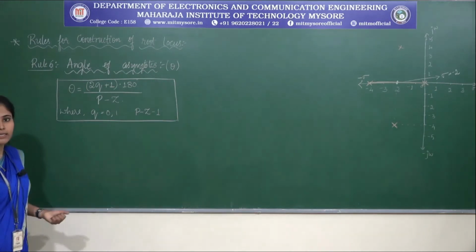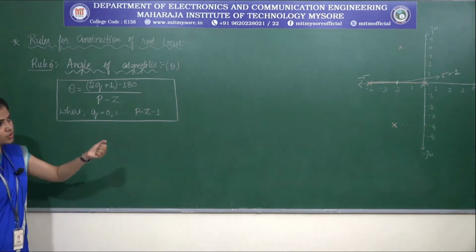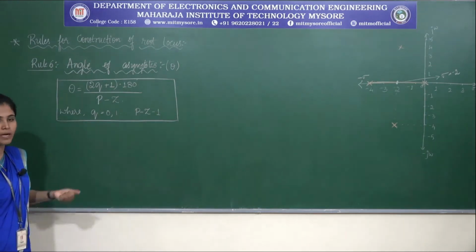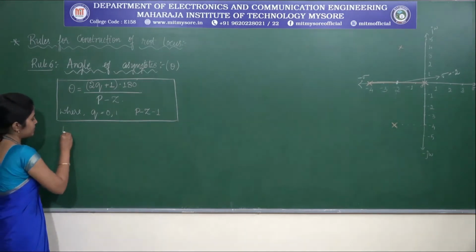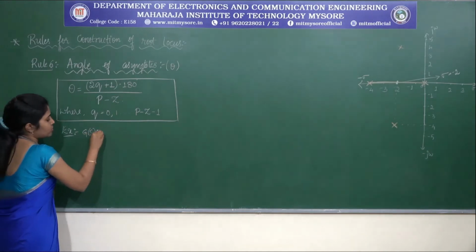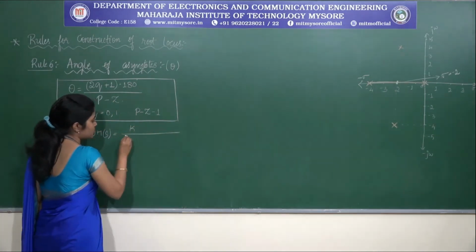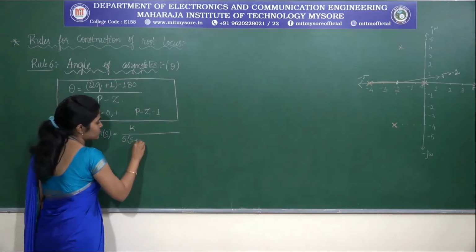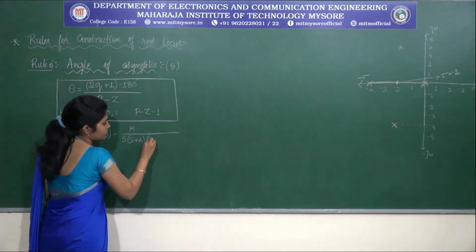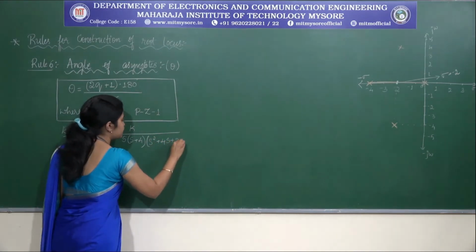This is the formula which you should remember in order to find out the angle of asymptotes. Now, taking the example which we took and for which we have constructed the root locus until the centroid part, we will continue with the same example. The example was G of S into H of S equal to K divided by S into S plus 4 into S square plus 4S plus 20.